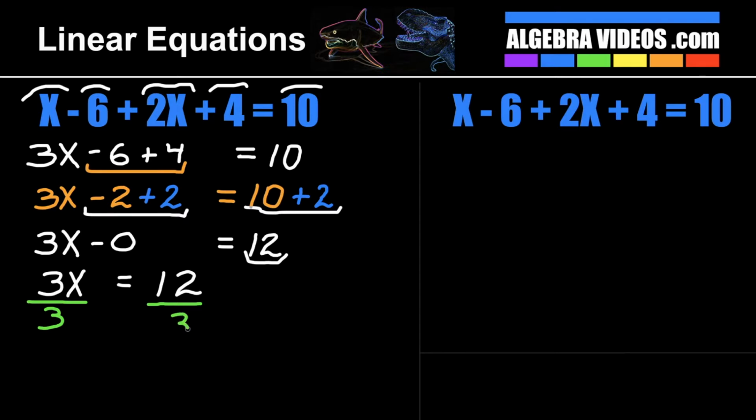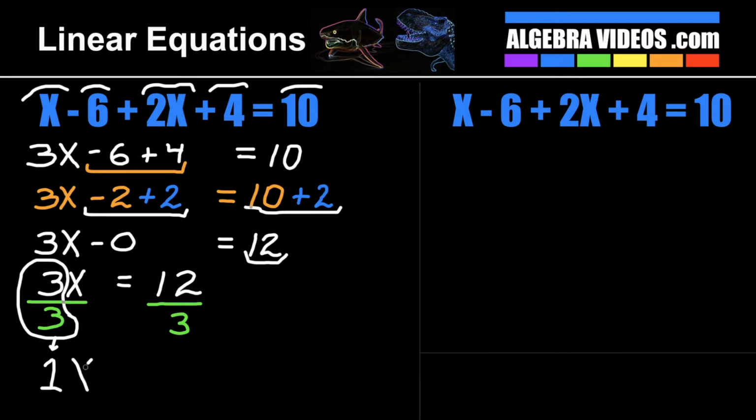So I'm going to divide the other side by 3 as well. So now 3 divided by 3 cancels into just 1. Right? 3 divided by 3 is 1. That's this term right here. 3 divided by 3 just becomes 1. And then the x doesn't change.